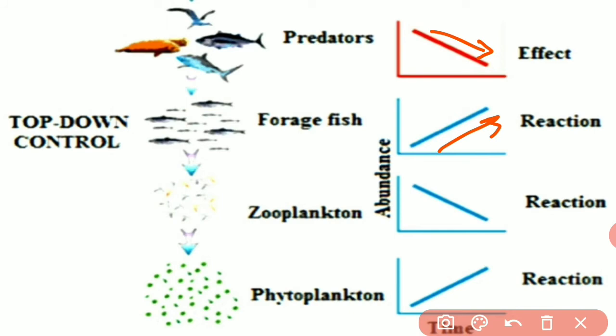Okay, so then in the next trophic level, because of the high population of small fish, they are feeding on a high amount of zooplankton.